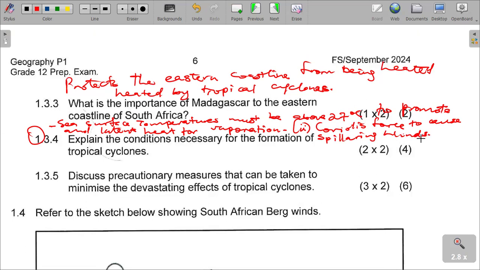And then converging winds near the ocean surface must also be present as another point.